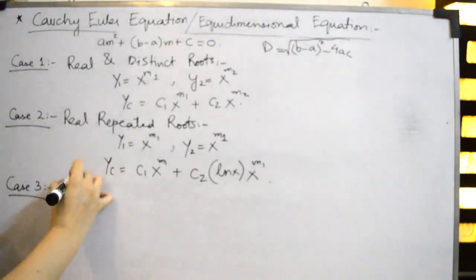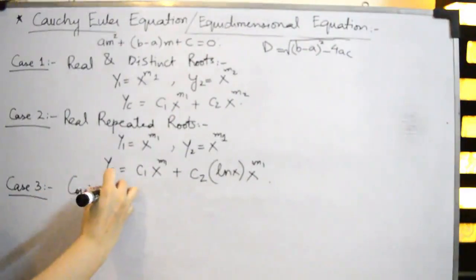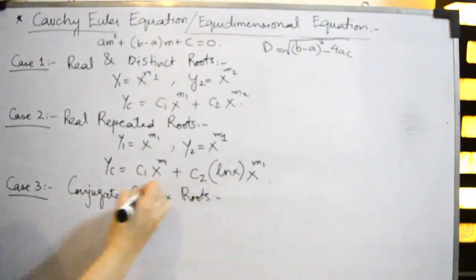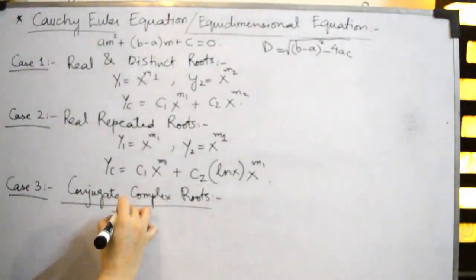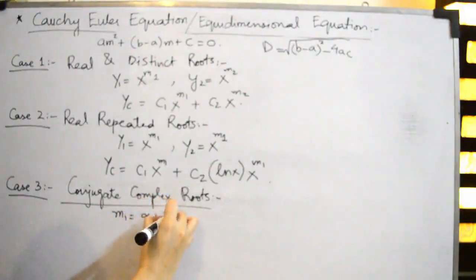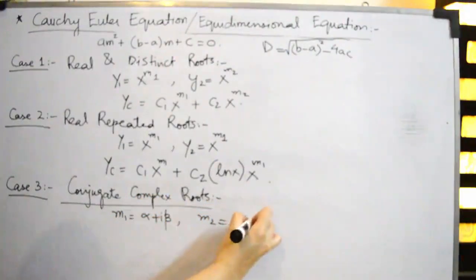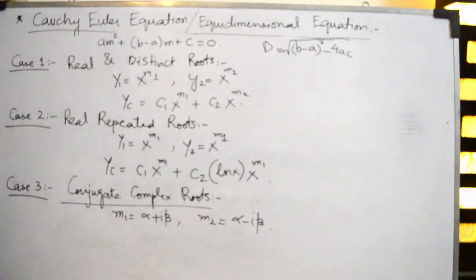And the third case is conjugate complex, when iota is involved, where m1 is alpha plus iota beta and m2 is alpha minus iota beta. For complex conjugate roots, in a simple homogeneous higher order equation you write e to the power alpha x, but here you don't write e to the power alpha x.